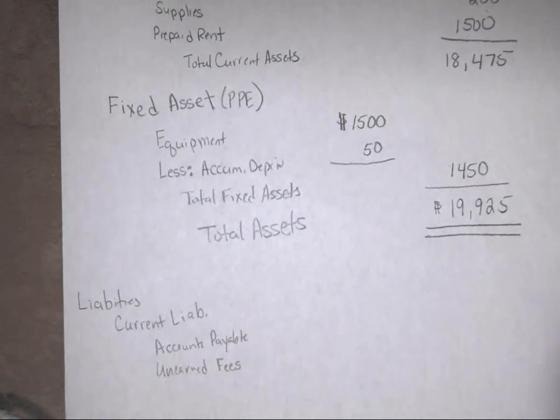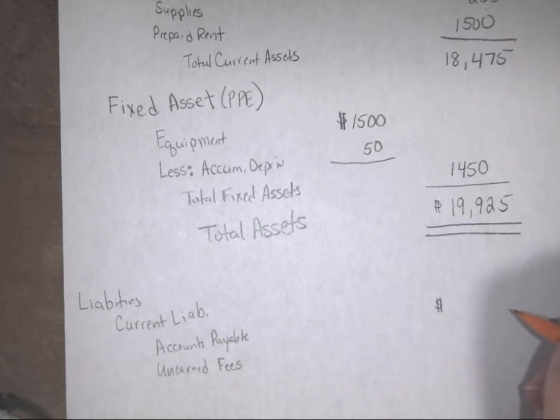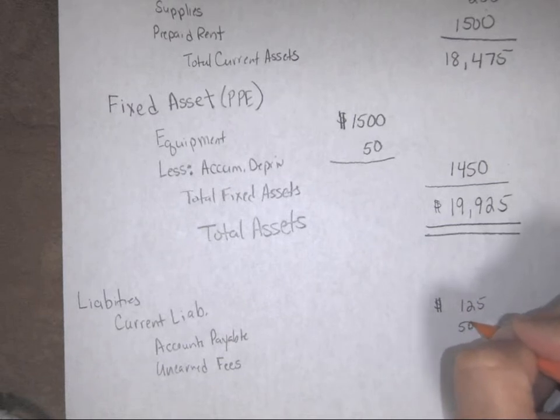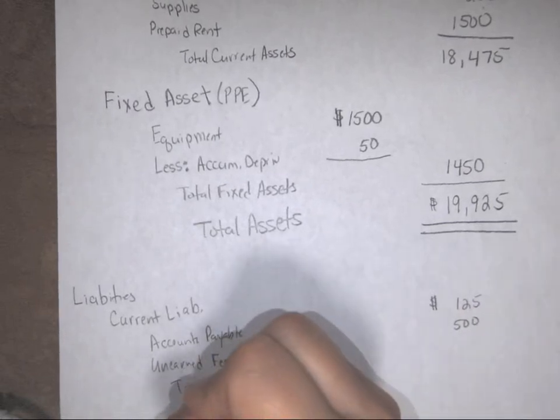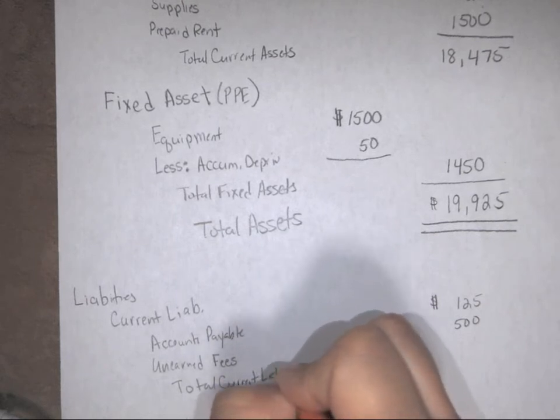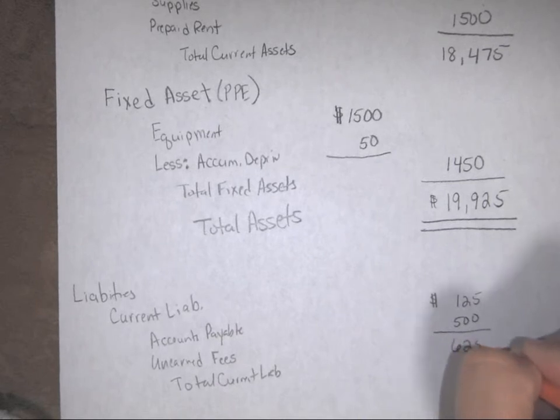And those amounts, again, I can come over to the side because I'm starting a new part of the statement. And accounts payable was at $125 and unearned fees was at $500. So I have $125, I have $500, and this is going to give me my total current liabilities, and that is going to be at $625.